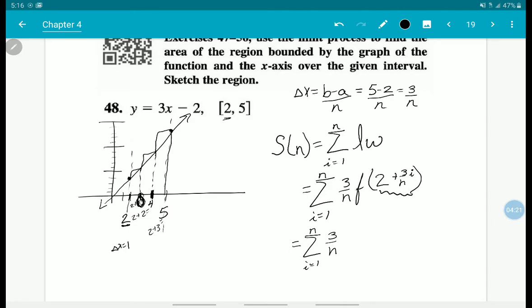So this will go in for that x value. This is going to tell us how tall that rectangle is. So it's going to be 3 times 2 plus 3i over n, minus 2.